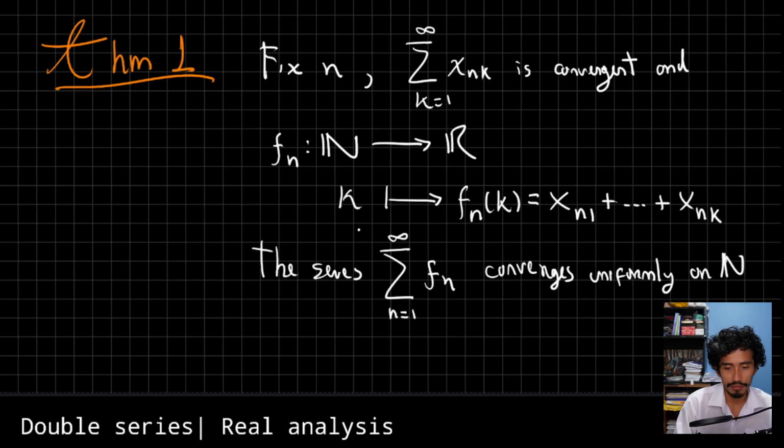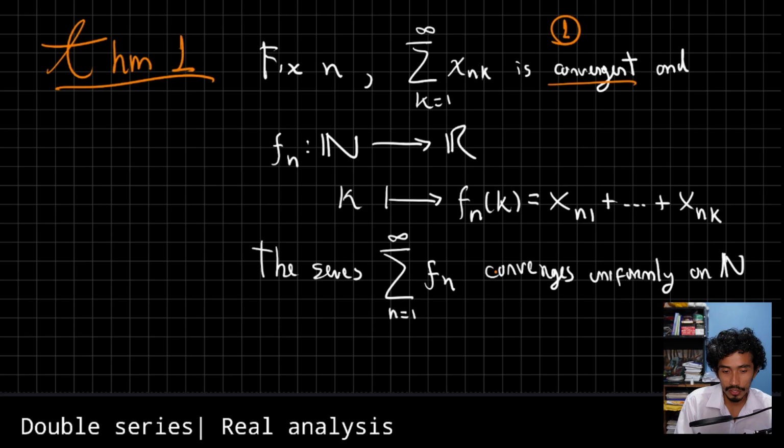This is our first hypothesis: if we sum in rows, the summation of the rows is always finite, is convergent.